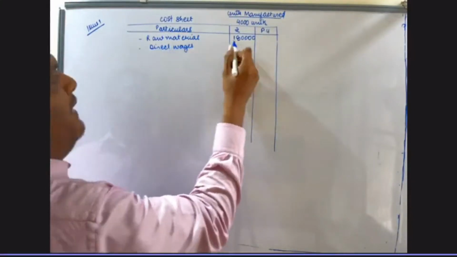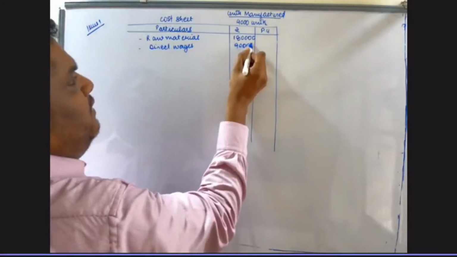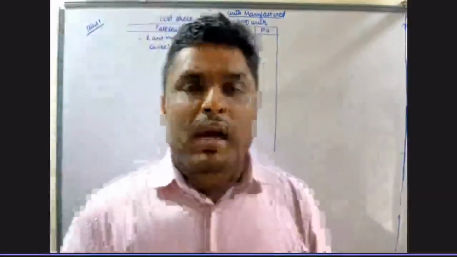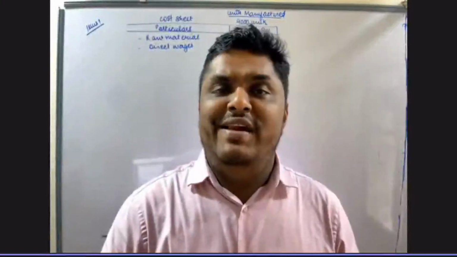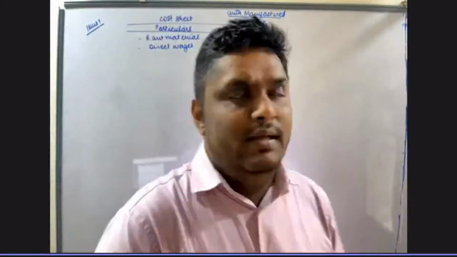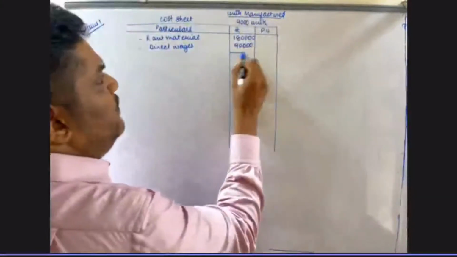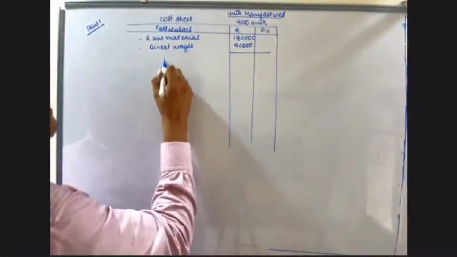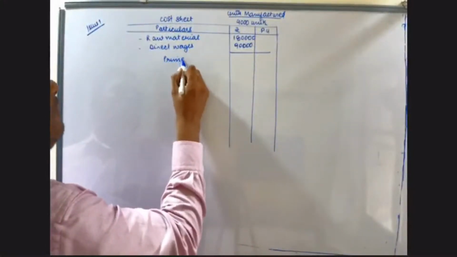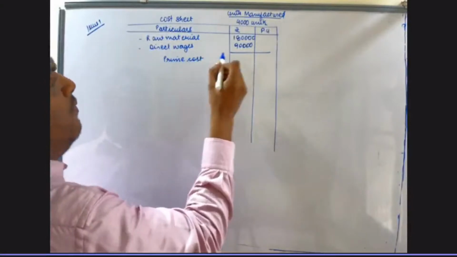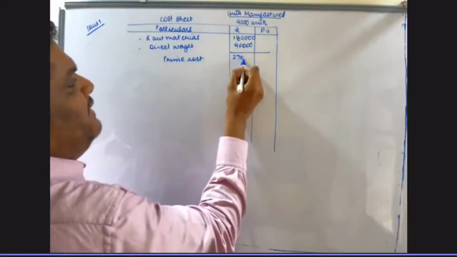My direct wages are 90,000. Now in this question, no information is given as regards direct expenses. Therefore, my prime cost will be 2,70,000.